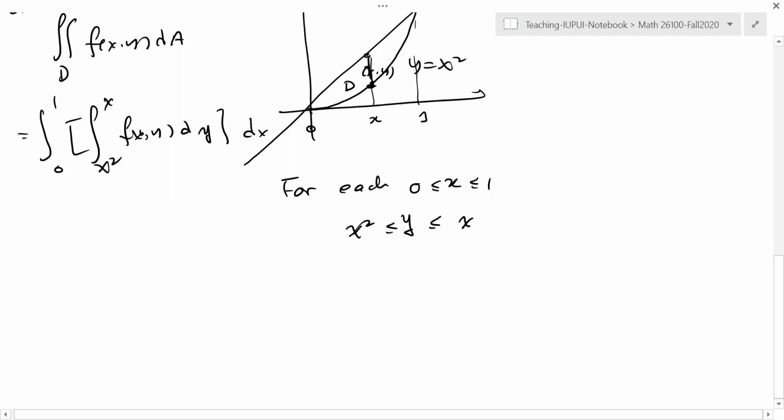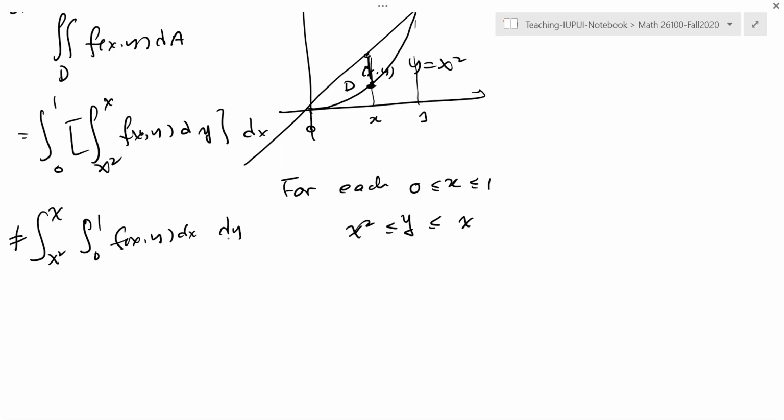Now, I have to say that it is not going to be this integral. This does not make sense. If you write it like this, it means you totally don't understand iterated integrals. You cannot just exchange the integrals, including the same intervals.